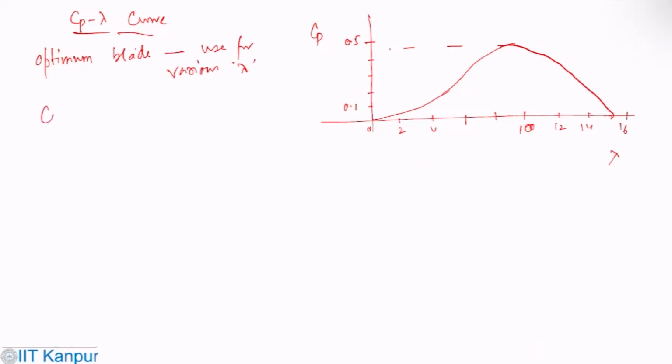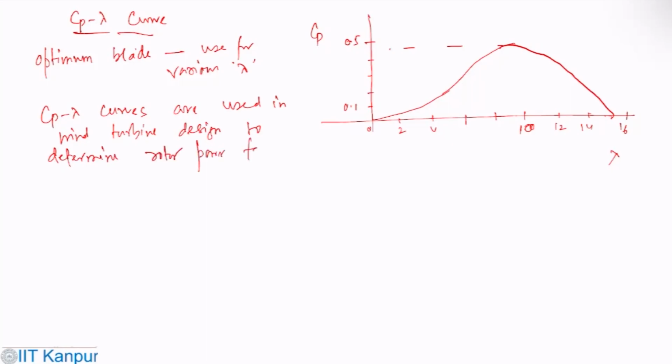rotor power for any combination of wind and rotor speed. So these CP versus lambda curves are essentially important.